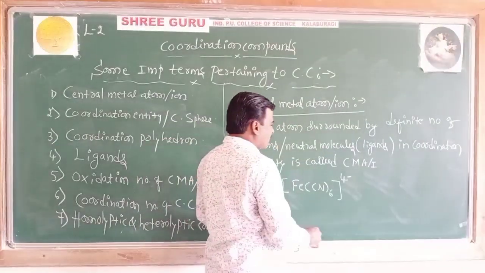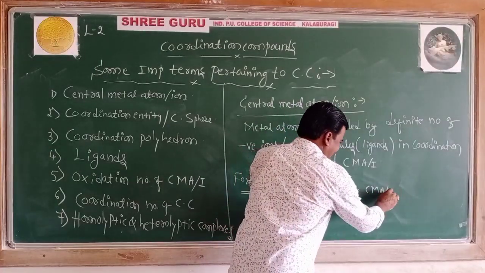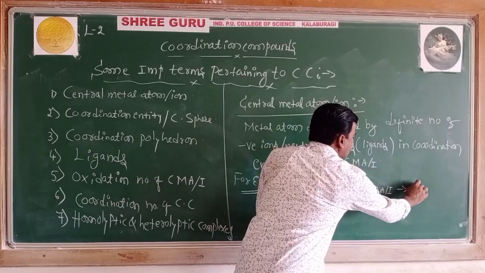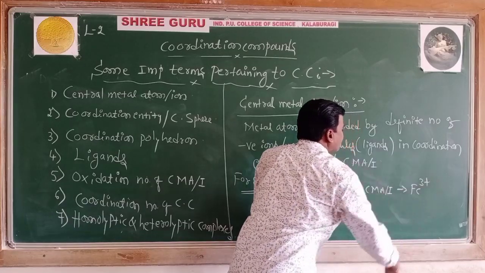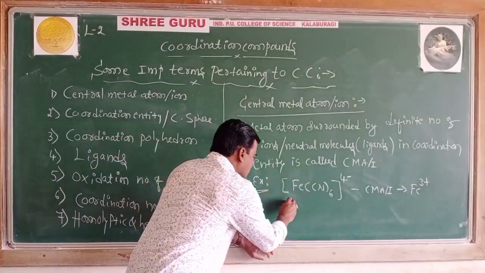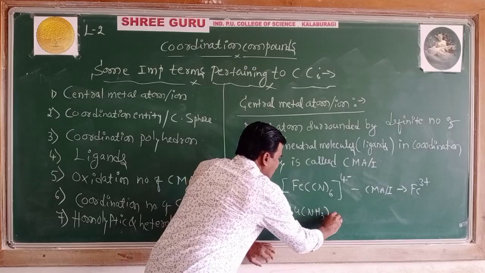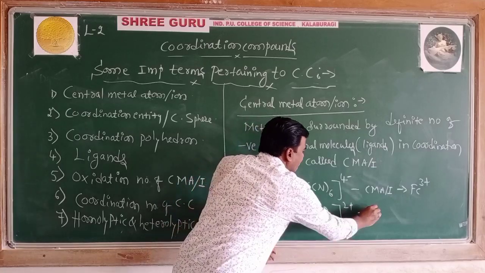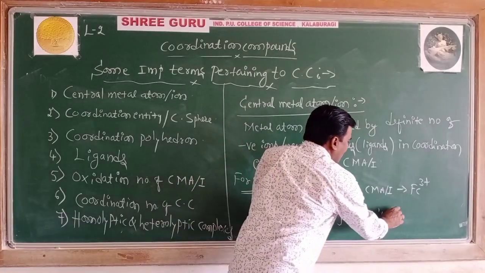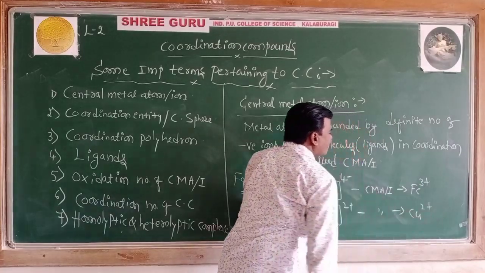What is the central metal atom or ion in this complex? Then if I take another example, [Cu(NH3)4]2+, the central metal ion in this is Cu2+.